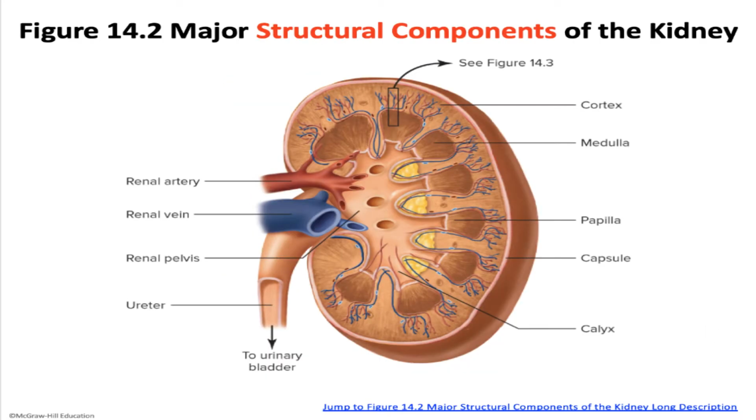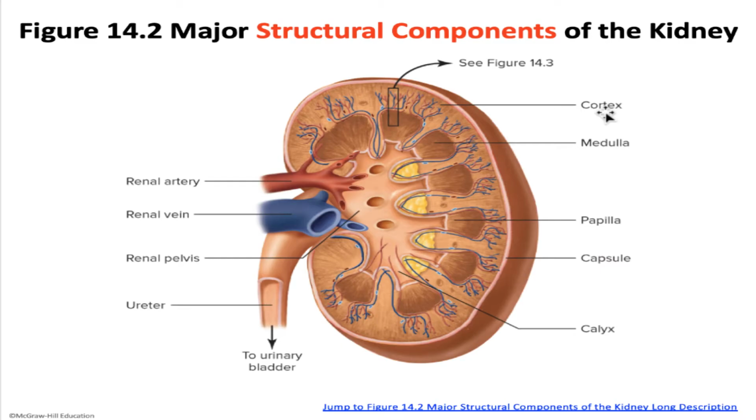One of the most important and best ways to realize the functionality of a kidney is through its anatomy, its structure. So knowing the structural components of the kidney is key to learning its functions. So we should start with a figure such as this, 14.2. If you can remember all of these labels, that will be fantastic.